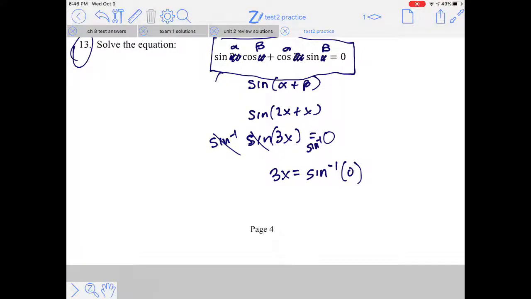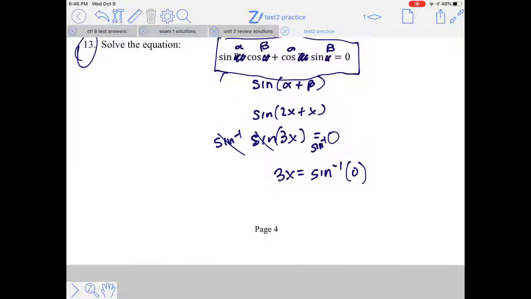Where are y values of 0 on your unit circle? We have several places on the unit circle that have y values of 0, so we've got to set up 3x equal to all of those.